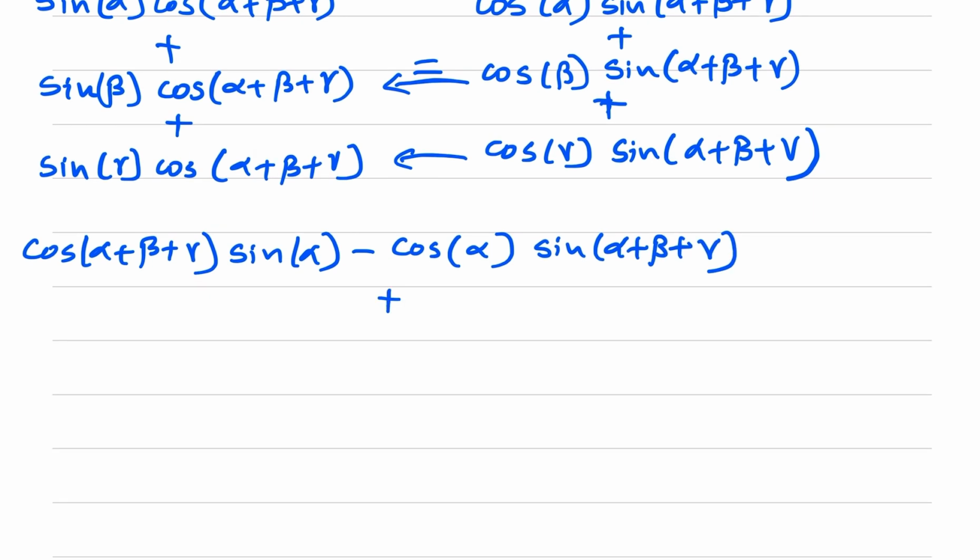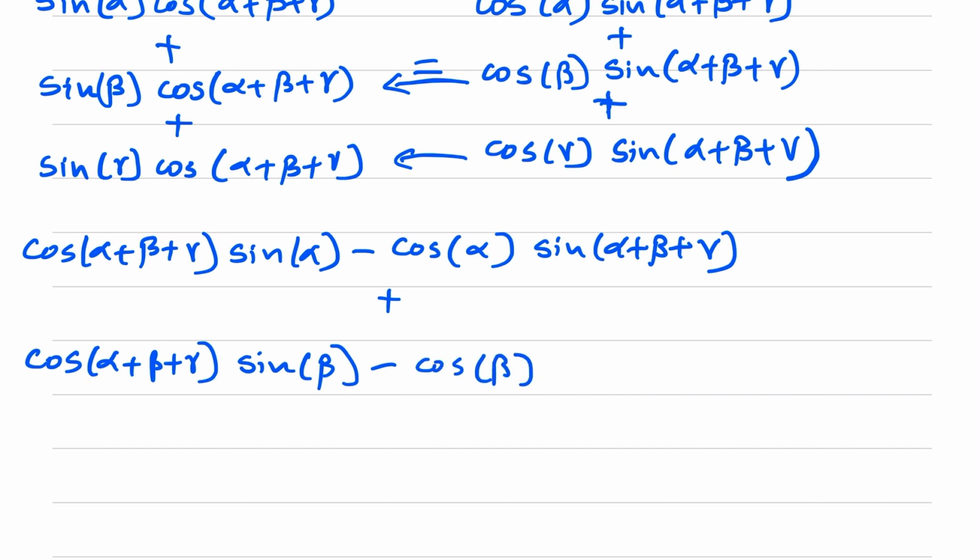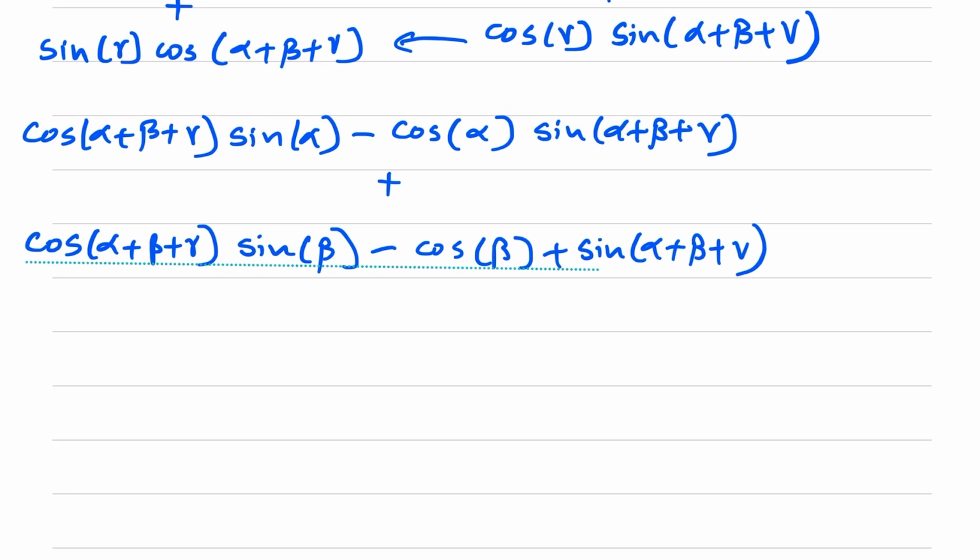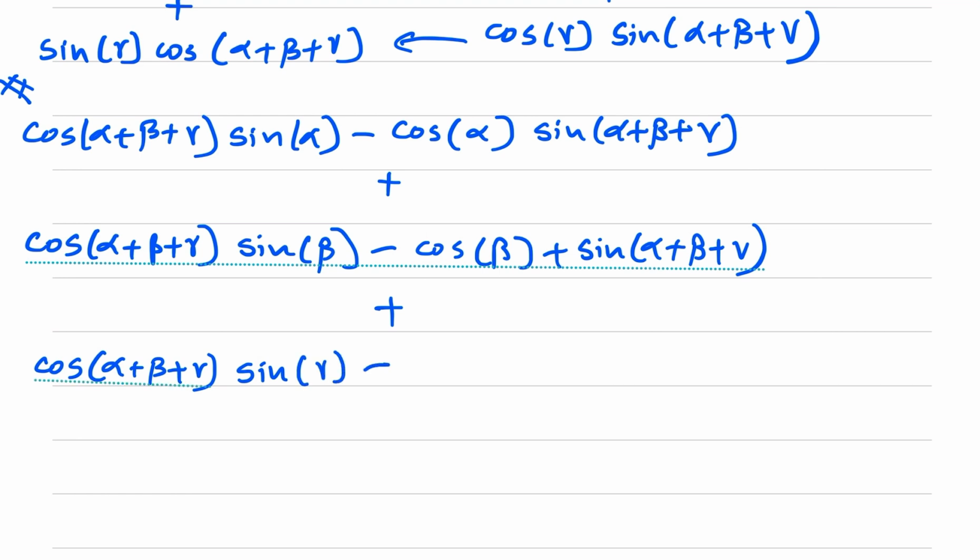All right, plus same with this, cos of alpha plus beta plus gamma into sine beta minus cos of beta into sine of alpha plus beta plus gamma, and again with the third one plus cos of alpha plus beta plus gamma sine gamma minus cos of gamma sine of alpha plus beta plus gamma.